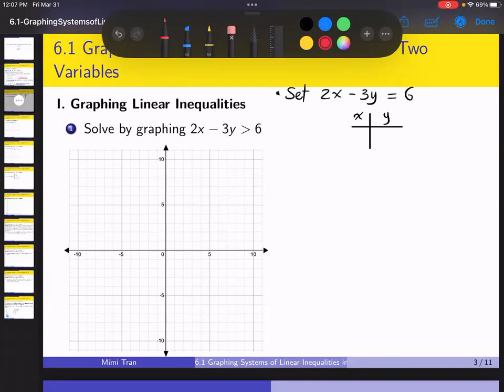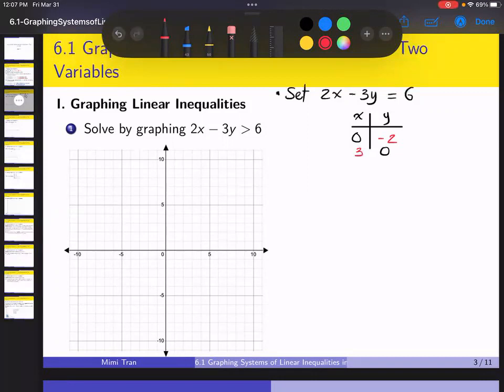If I pick 0 for x, what is y? With 0 for x, the x term is gone, and 6 divided by -3 is -2. If I pick 0 for y, then 6 divided by 2 is 3, so x is 3.